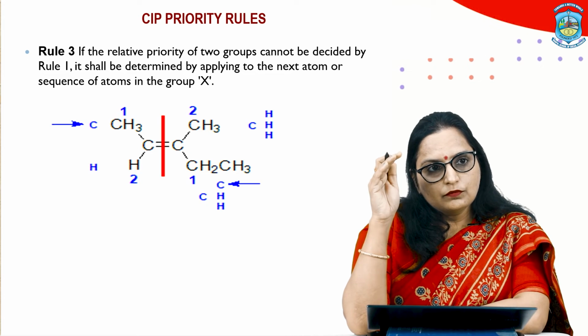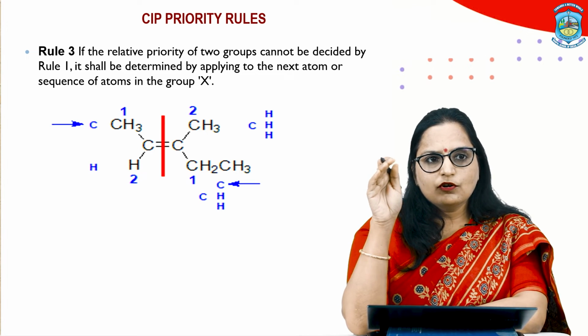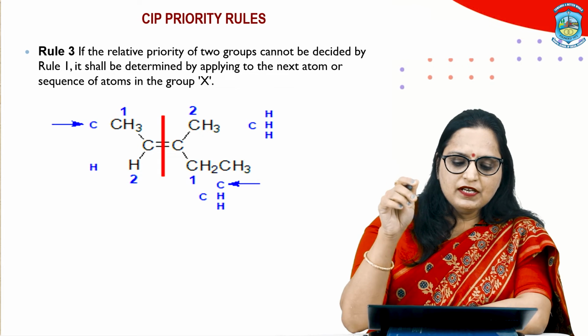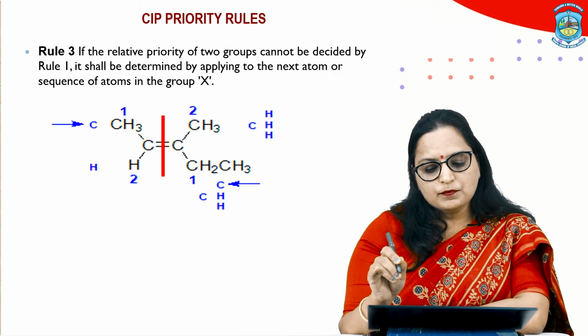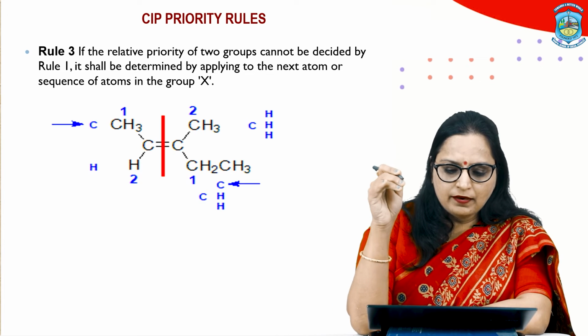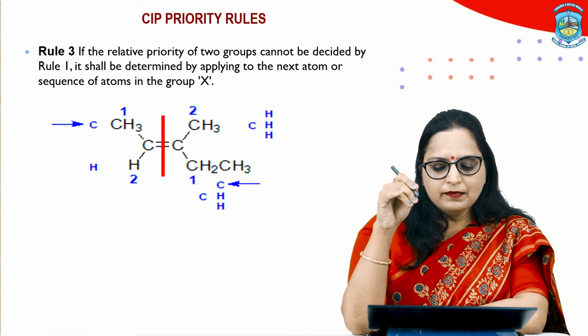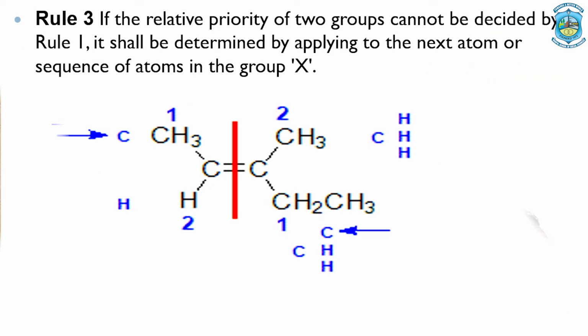Now, if the above two rules do not give you the priority groups, then we have the third rule. If the relative priority of two groups cannot be decided by rule 1, then it shall be determined by applying rule number 3, which says that if you have carbon and carbon with the same atomic number as substituents, then you have to go on to the next atom. Here it is hydrogen and here it is 2 hydrogen and 1 carbon.